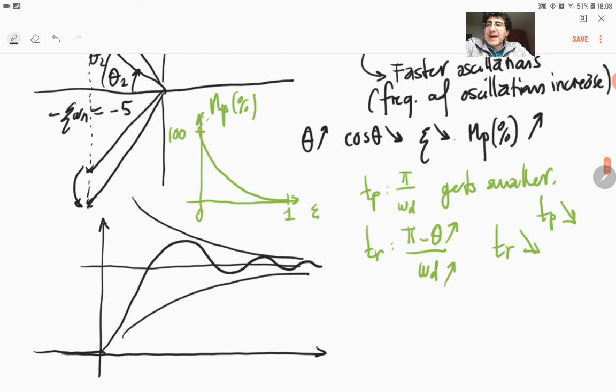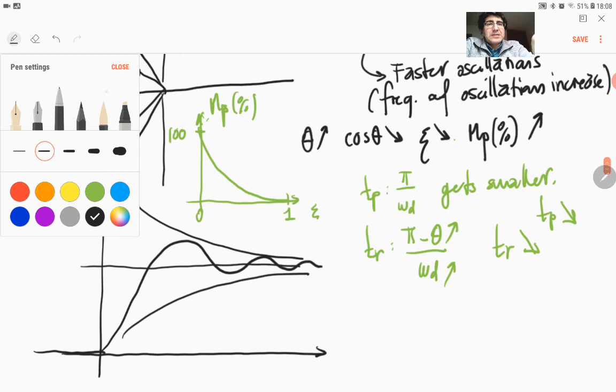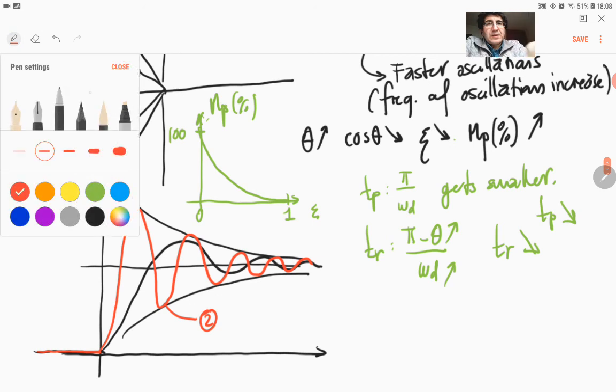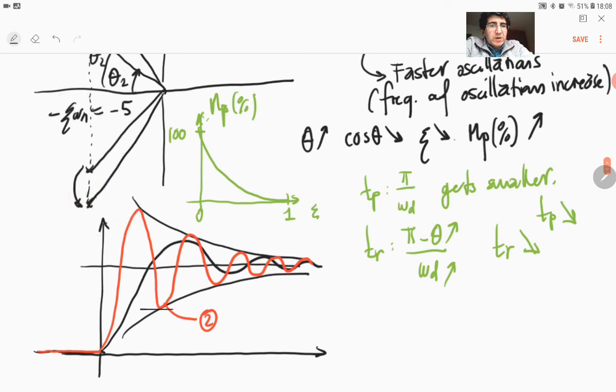As we increase K, we will have a system with a faster rise time, so smaller rise time, and faster oscillations, but it's going to be bound within the same envelope. So this is our system 1 and this is our system 2.